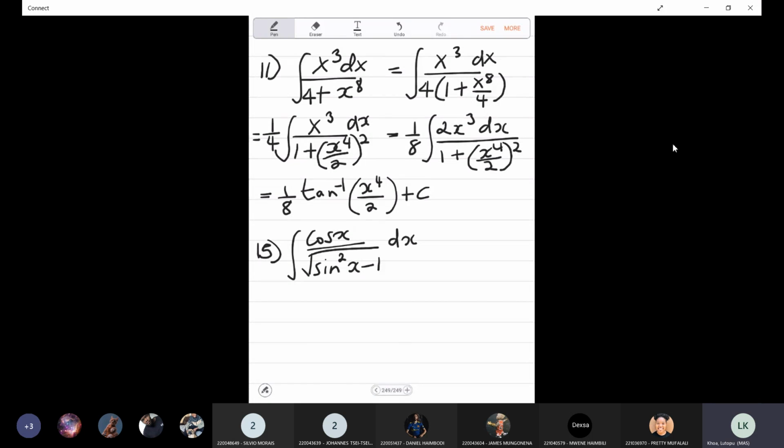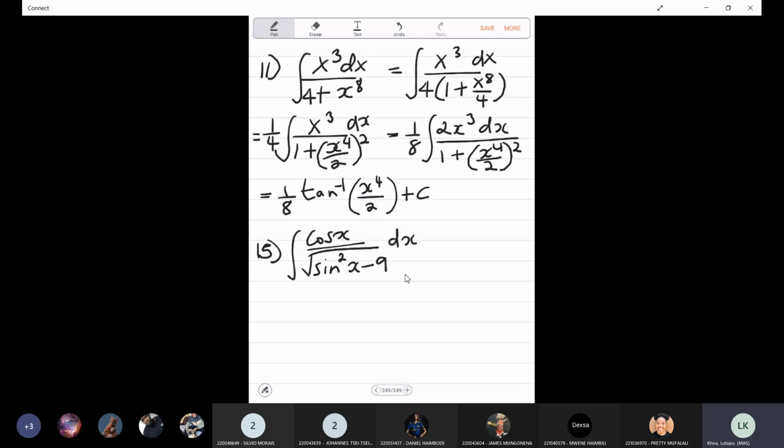Okay, so you can see here in the denominator, this is sine x squared, and the derivative of sine is cos. Sorry, I didn't copy the question correctly. It's 9 here.